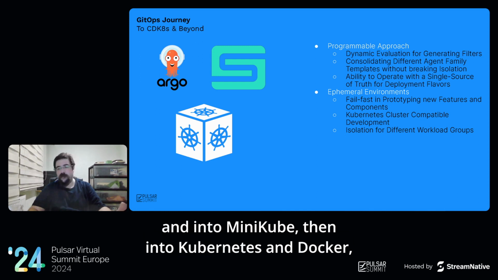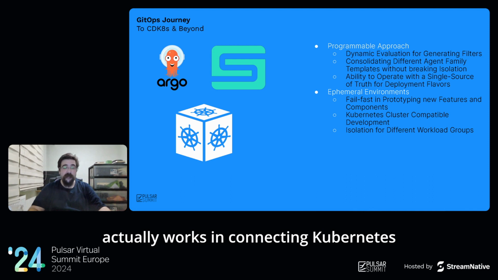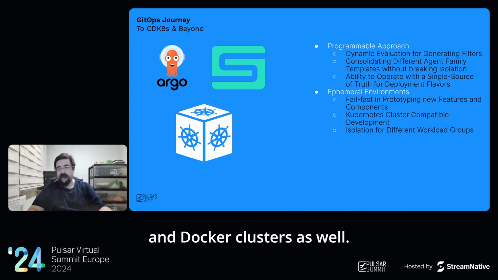So with that, as we were moving from Compose-based setups into Minikube, then into Kubernetes in Docker, we discovered that Submariner actually works in connecting Kubernetes in Docker clusters as well.